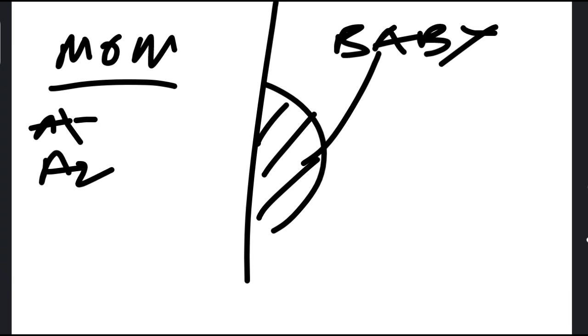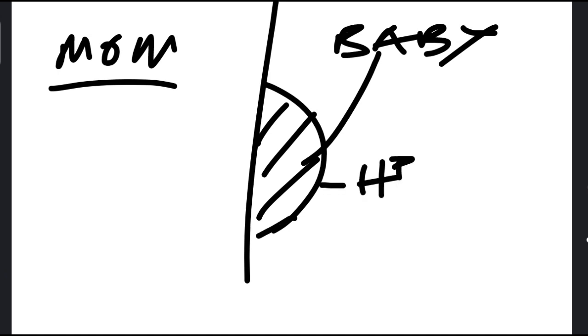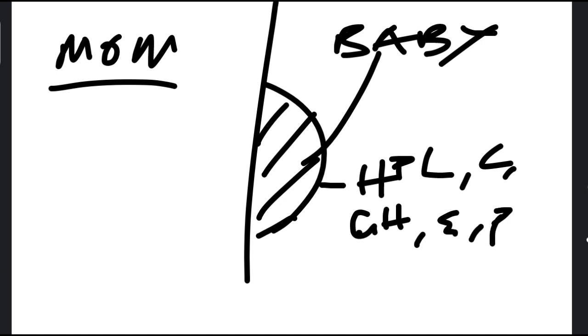Then the basic pathophysiology of gestational diabetes is due to an increase in human placental lactogen, of course with other hormones such as cortisol, growth hormone, estrogen, and progesterone, which ultimately will lead to some sort of type 2 picture where there's some sort of resistance to insulin.